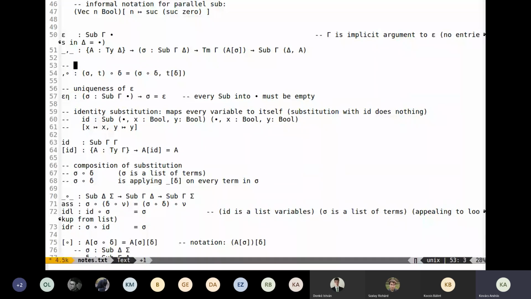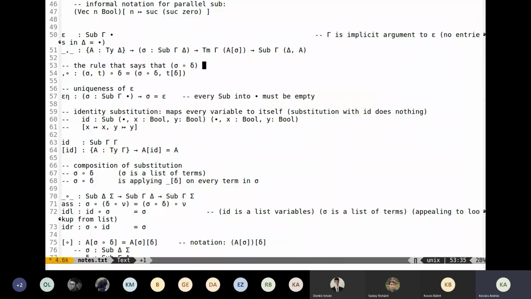So this is the rule that says that the substitution composition basically performs substitution for every term inside the substitution.